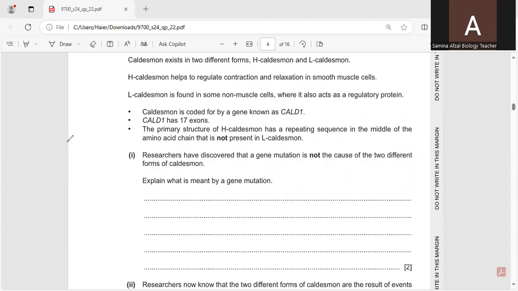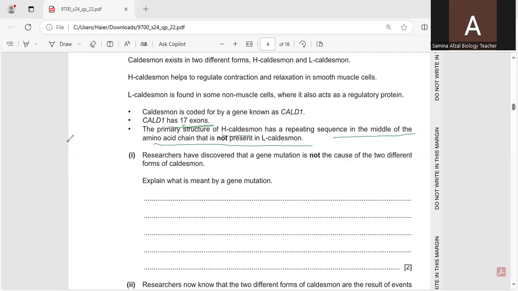Caldesmon is coded by a gene known as CALD1. CALD1 has 17 exons coding sequence. The primary structure of H-caldesmon has a repeating sequence in the middle of the amino acid chain that is not present in L-caldesmon. Researchers have discovered that a gene mutation is not the cause of the two different forms of caldesmon.